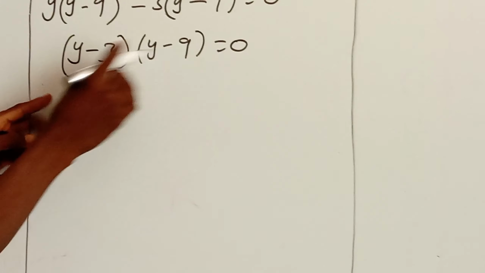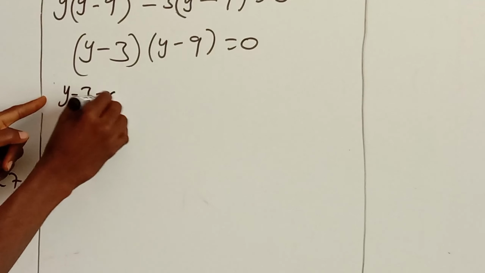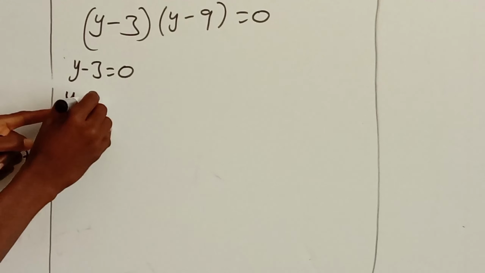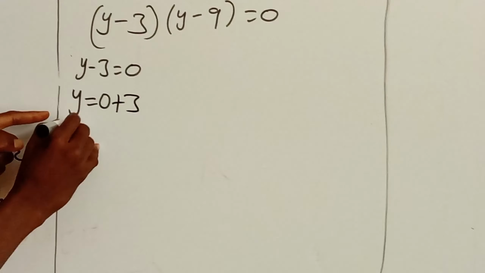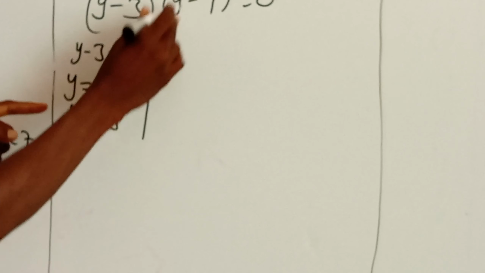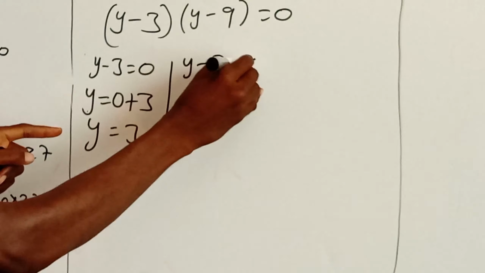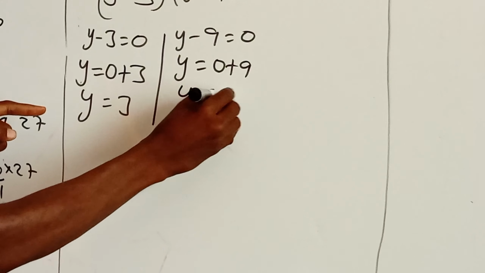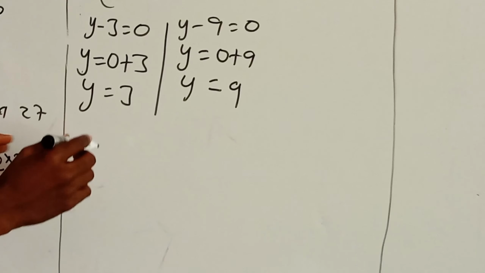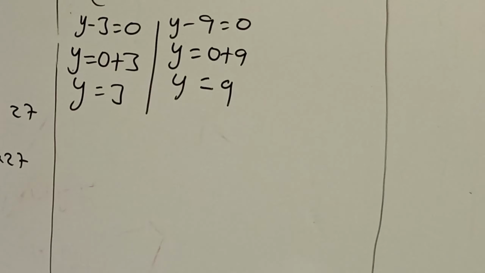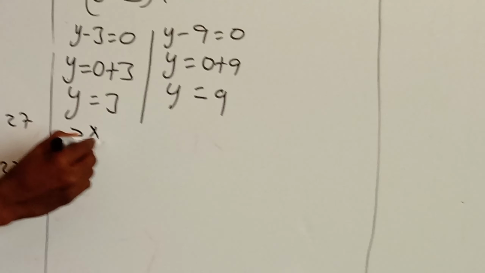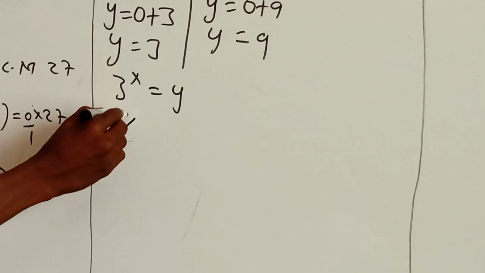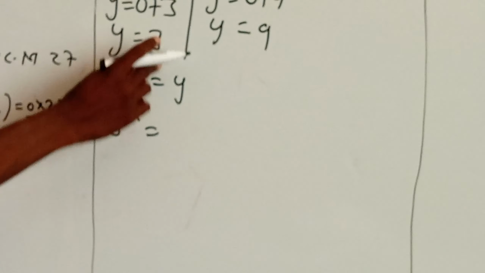So you then equate, you take this y minus 3 equals to 0. So you transpose, you say y equals to 0 plus 3, y is equal to 3. Then you take also this y minus 9 equals to 0, you transpose plus 9, y is equal to 9. So here, since we let 3 raised to the power x equal to y, 3 raised to the power x equals to, the first value for y is 3.